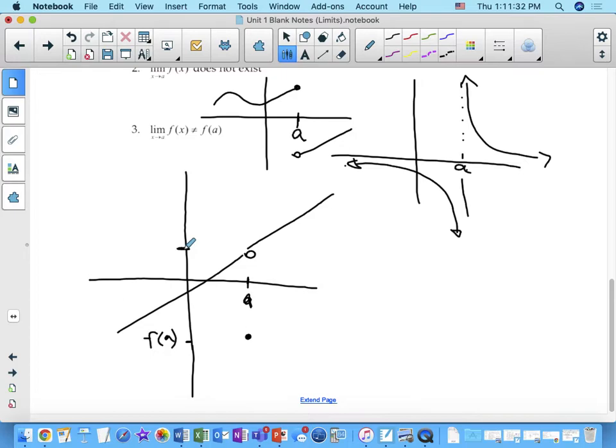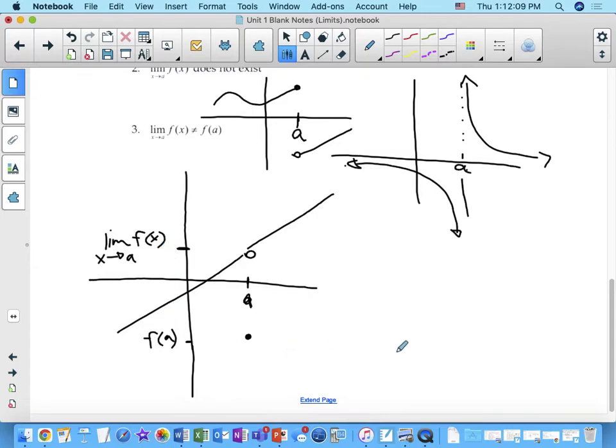This over here is where the limit as x approaches a of f of x is, right here. Okay.